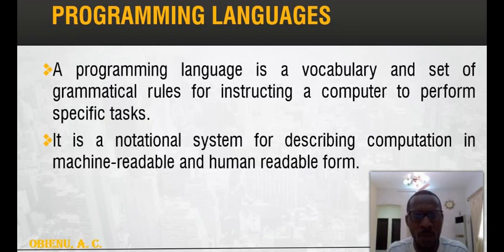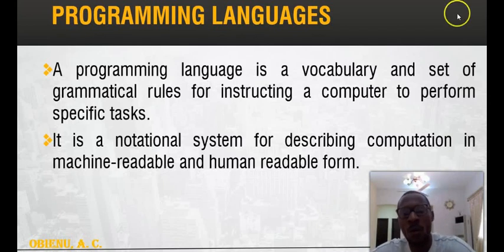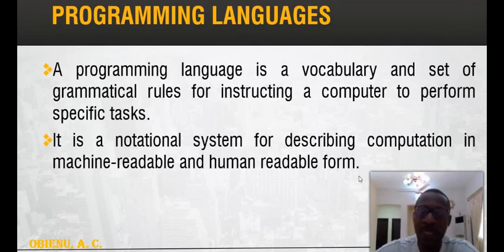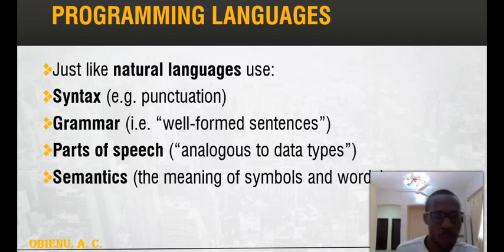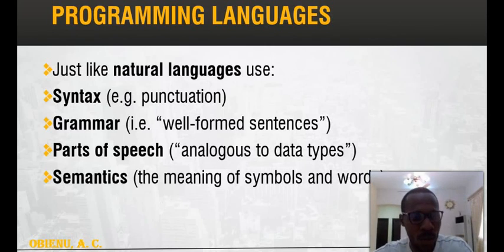But at the same time, because of the notational system, we have been able to achieve this goal: both human readable form and machine readable form. Just like normal languages use syntax, grammar, parts of speech, and semantics, so normal languages have these structures.